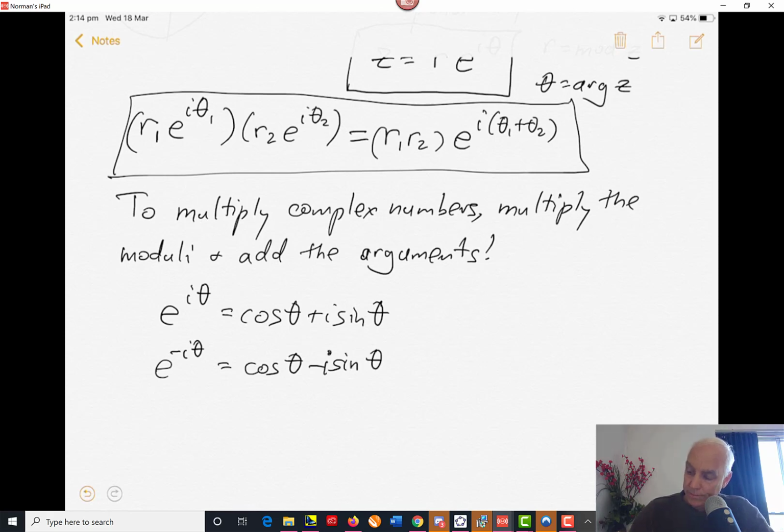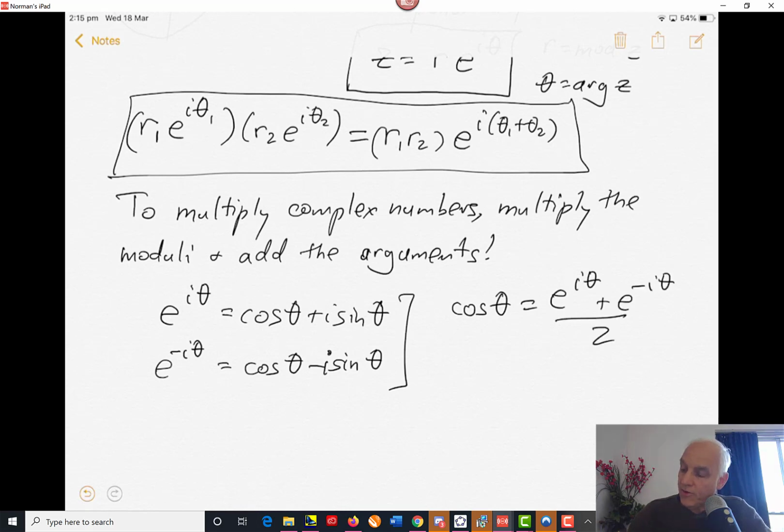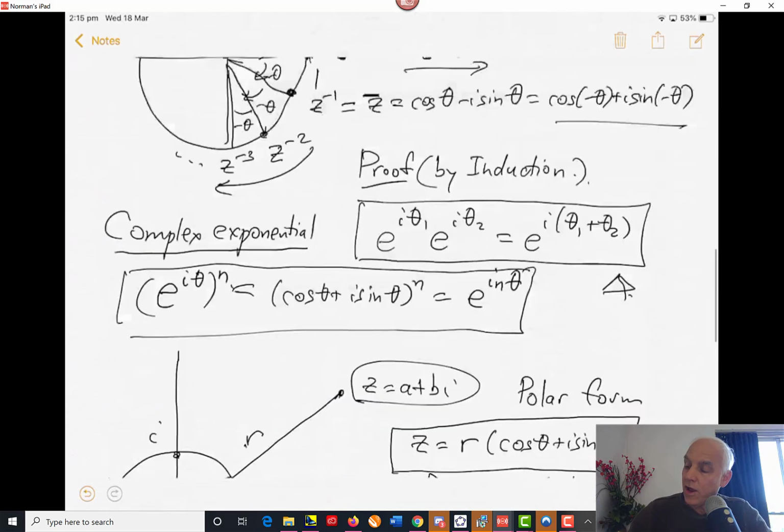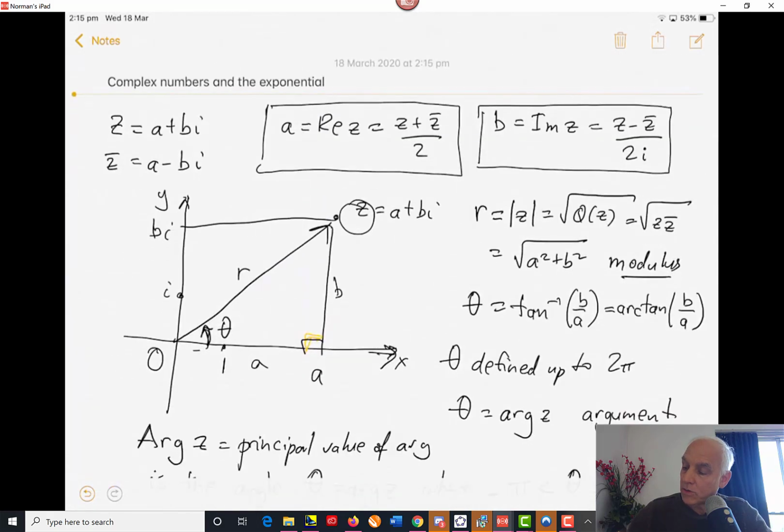When we do the same kind of thing to get the real and imaginary parts, we'll find that cos theta equals the sum of e to the i theta and e to the minus i theta, all over 2. And for sine theta, we take the difference: e to the i theta minus e to the minus i theta, and then divide by 2i. I remind you that's the same kind of thing we were doing up here.